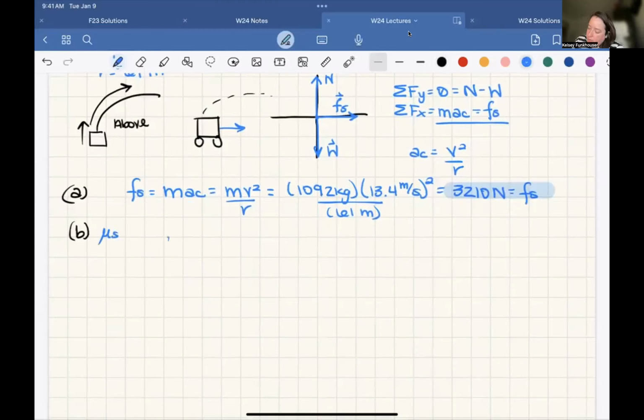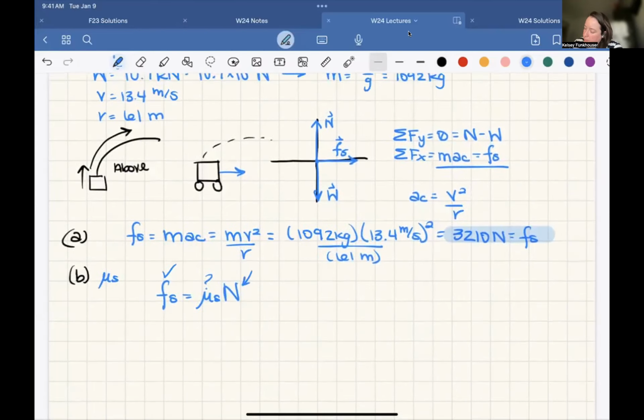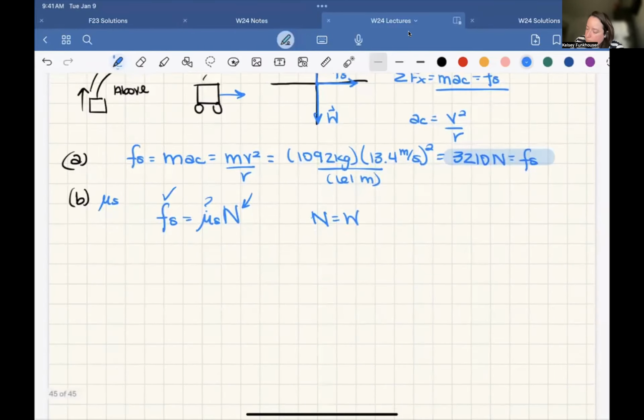So the friction force is the coefficient of static friction times the normal force. We know this, we want that, and you can get this normal force really quickly if we go back to our sum of forces equation in the y direction. We add the weight to both sides and we see that the normal force is equal to the weight. So let's plug that in real fast.